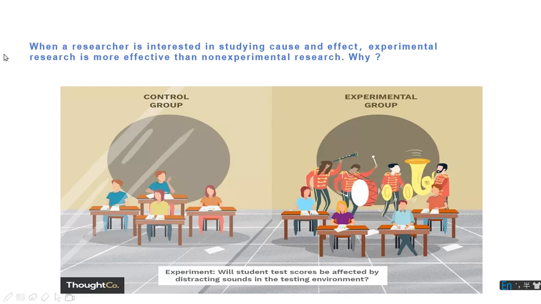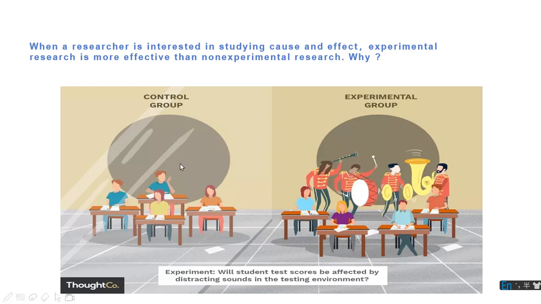But we need to have random assignment to make sure the two groups are similar on all extraneous variables at the beginning of this experiment.